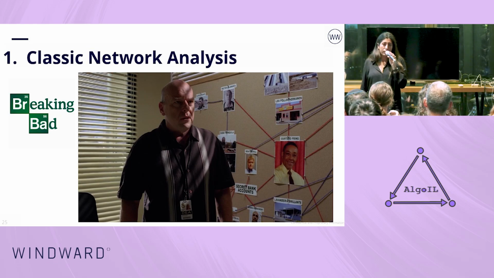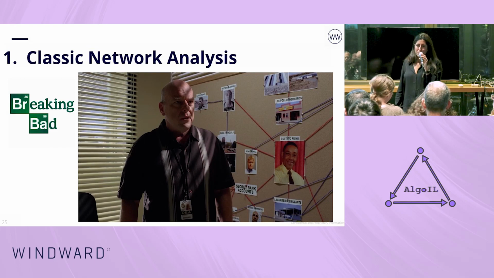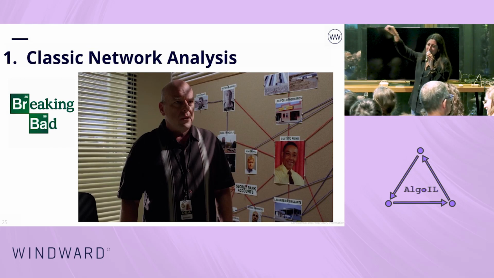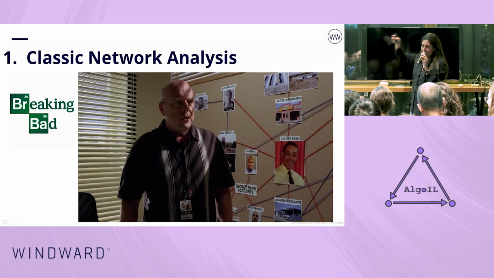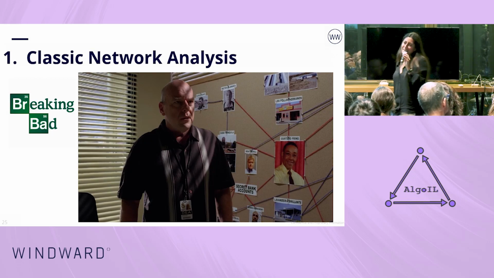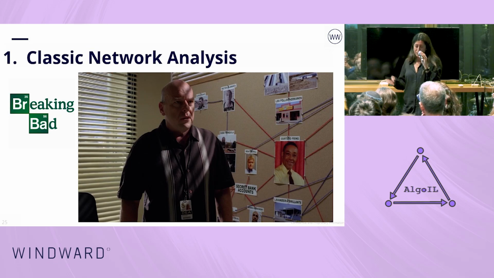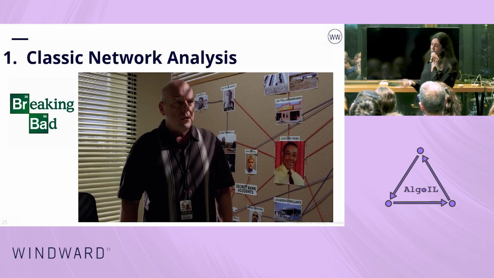If you think about it, when you see a police movie on television, you will see they have some kind of investigation board with pictures and strings linking them. That's basically classic network analysis. That's the first level of working with graphs. The second level, it's still in the first level, is to ask some queries on it. It's a bit more advanced.